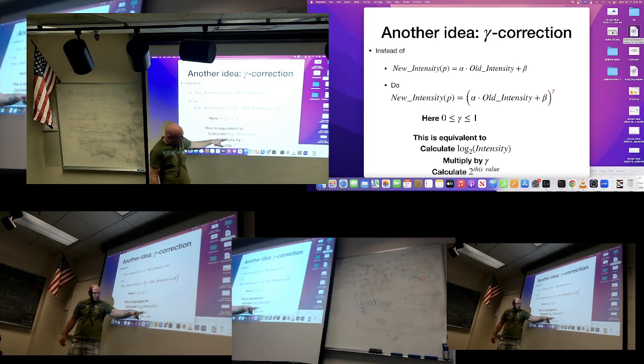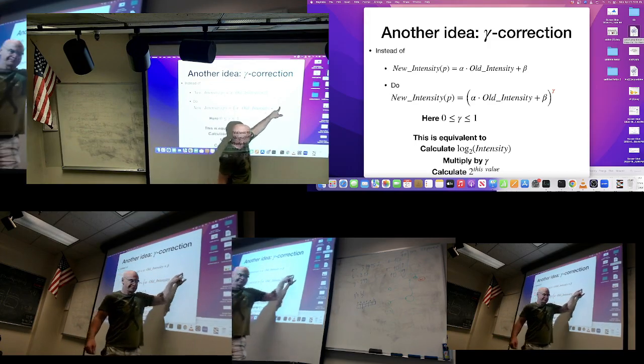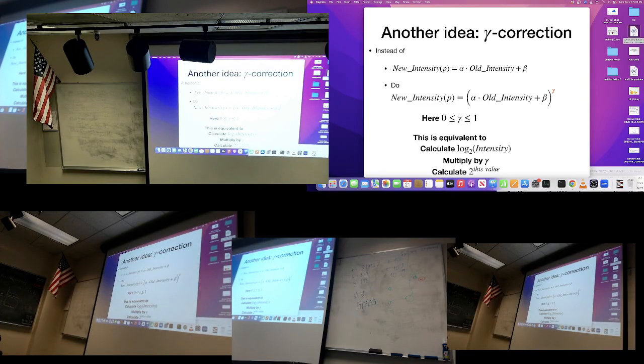And now I want to do alpha correction, that is change the gain, but if I multiply the log by gamma, it's just like putting the gamma over here, and then doing the reverse operation. So gamma correction is like doing alpha correction, just half in the log scale.